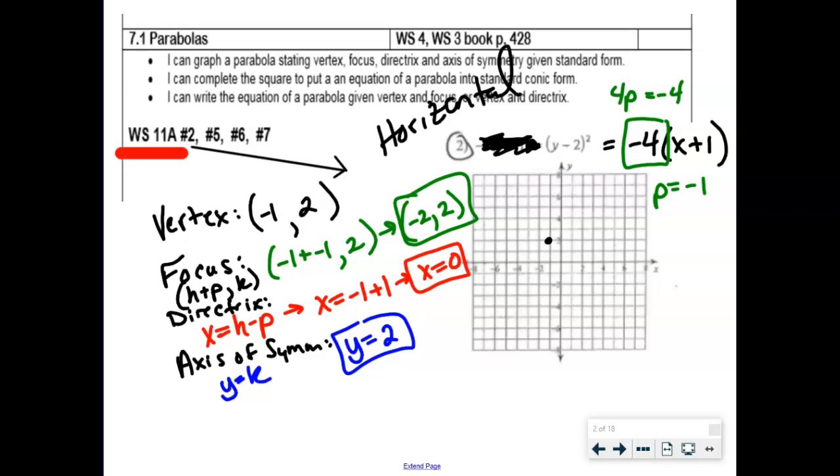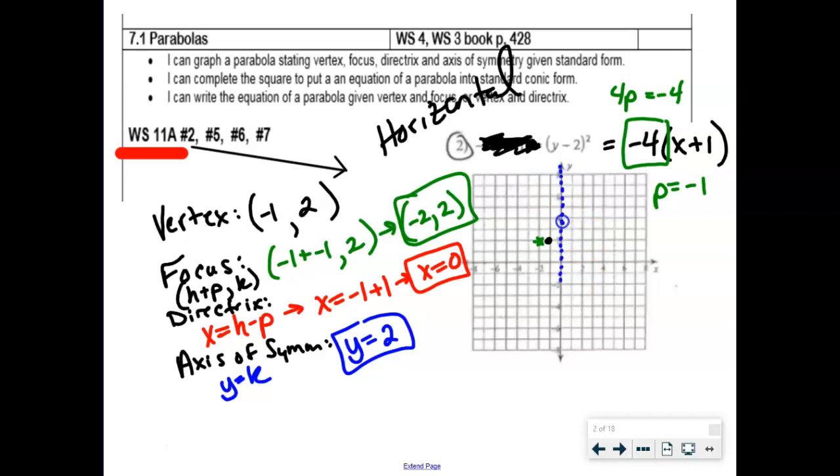It's just the distance from the vertex to the focus or the vertex to the directrix. So what I do is I say, okay, it's horizontal with a negative p-value, so it's going to open to the left. So your focus point is 1 unit to the left of the vertex, and your directrix line is 1 unit to the right of it.